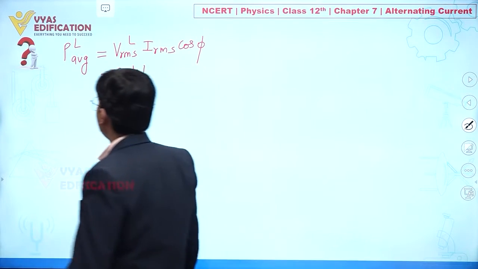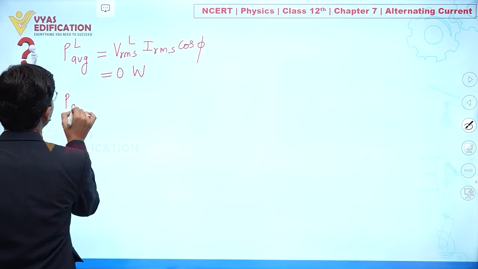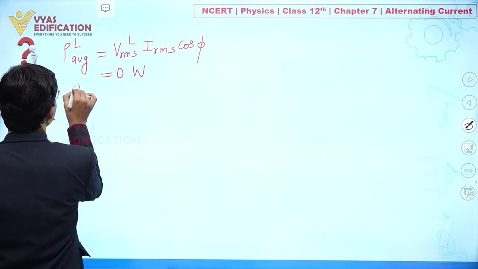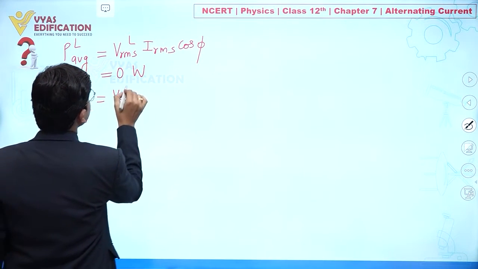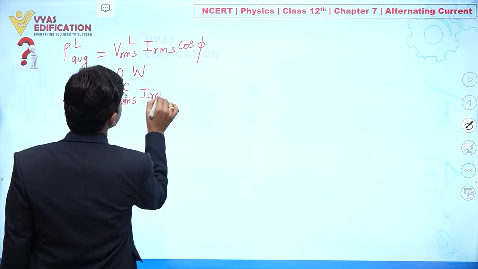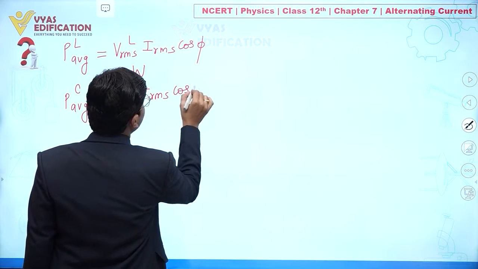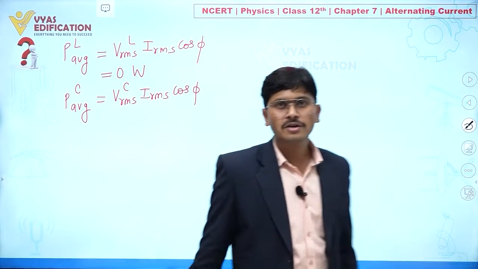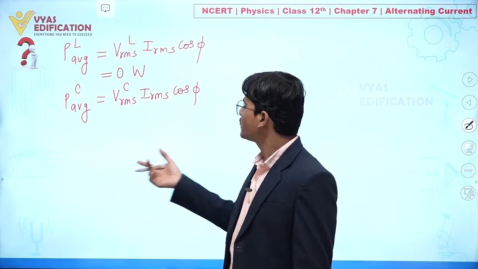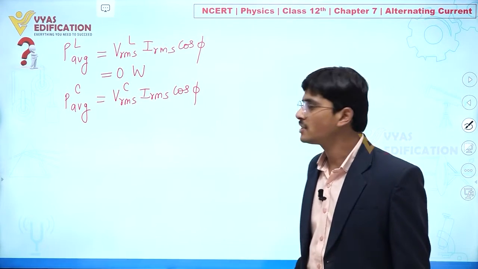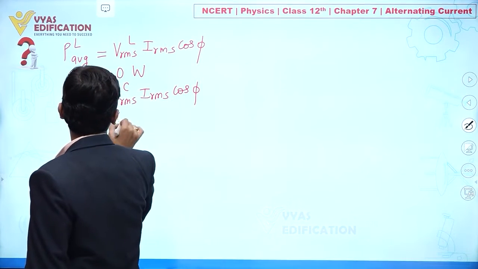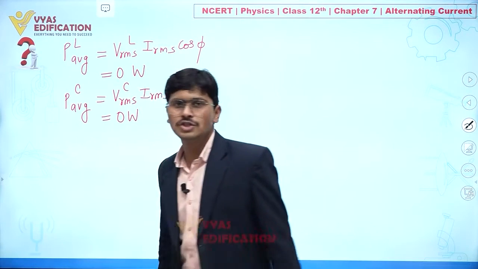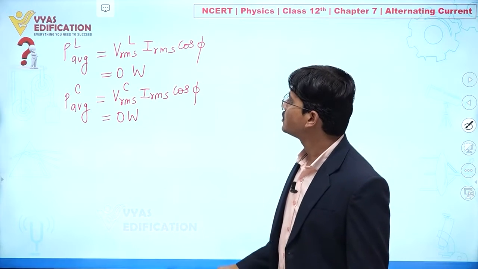Now how can we write average power corresponding to capacitance? Again you will find like this: Vrms across C, IRMS, and cos phi. Again the phase difference between potential difference and current is 90 degree. Clear? So again this average power we are getting is equal to 0 watt. Clear to everyone?